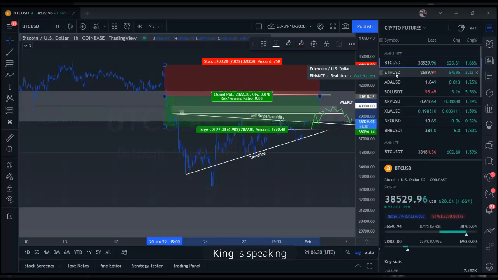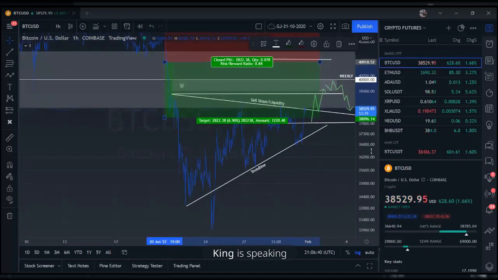But I did reduce my positions earlier today because I thought the market was going to go higher, just because we were holding this trend line here. So around 37,800, I think, is where I cut my positions by 75%. Let me just check.